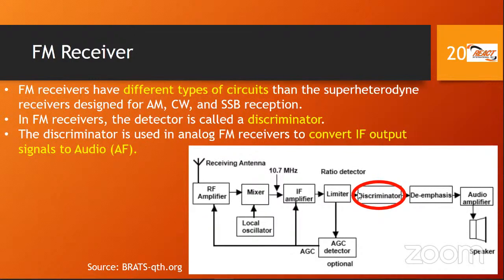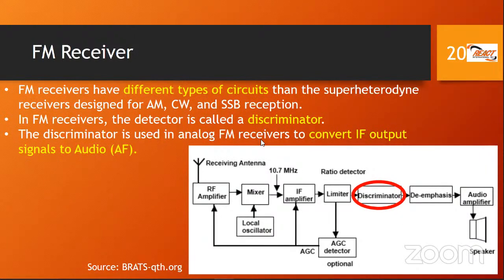And in the FM circuit, we'll notice very similar stages to the AM, but notice that in the case of the FM, the detector is actually called a discriminator. So that's an important point. It will be in your exam that the discriminator is an important stage in FM receivers. You will not find it in the AM, CW, or SSB receiver type circuits. It's for the FM type of circuit.